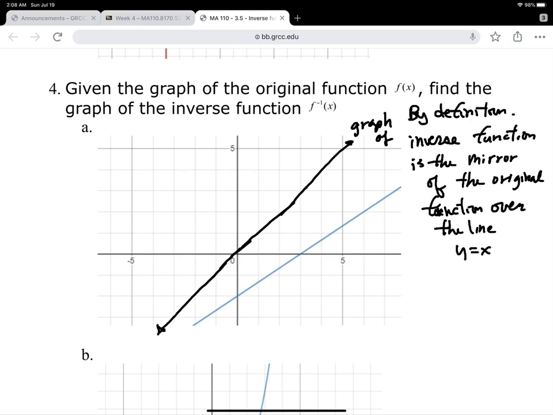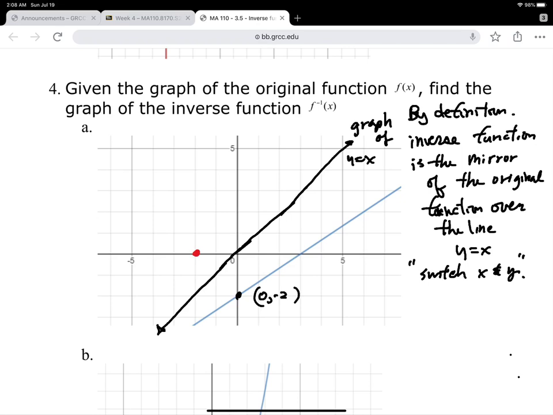So what do we do? Well, this is where the trick is. When you're reflecting the original function over the line y equals x, all you have to do is switch x and y. So for example, this point (0, -2) now becomes (-2, 0).